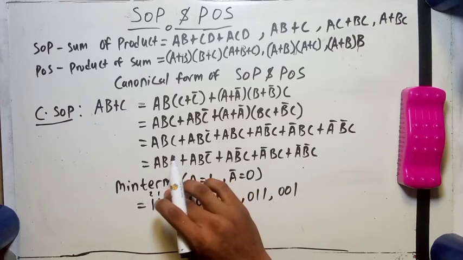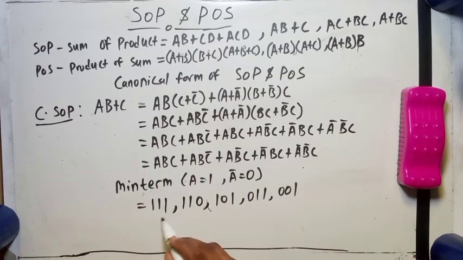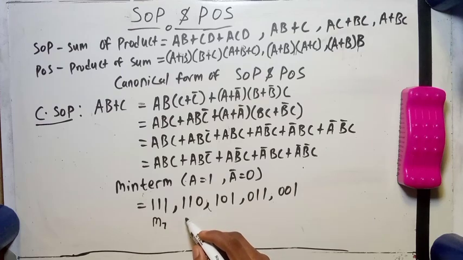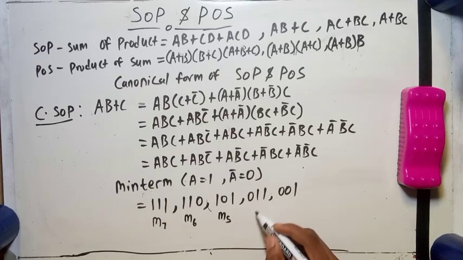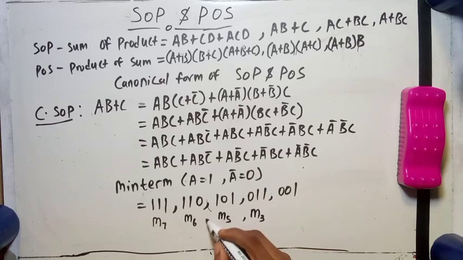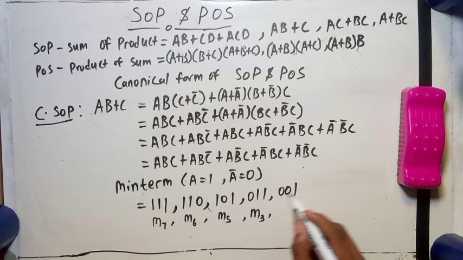Converting it to your decimal, you'll be having 7. So you're going to be having small m subscript 7. Here is going to be what? 6. M subscript 6. Here 5. M subscript what? 5. Here is 3. And this is 1.